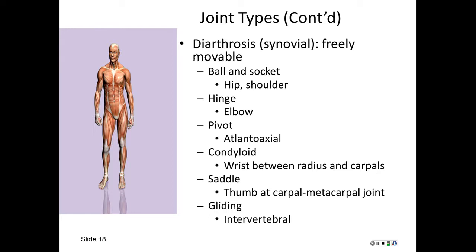And then you've got synovial or freely movable ball and socket joints, like your hip. You've got a hinge joint on your elbow and pivotal joints on the axial joints. And you've got several different types of joints, but most of them are meant to move in certain ways, but only certain ways.